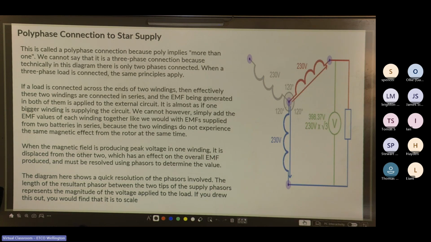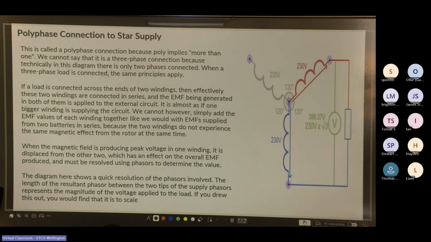We cannot, however, simply add the EMF values of each winding together like we would with EMF supplied from two batteries, because the two windings do not experience the same magnetic effect from the rotor at the same time. When the magnetic field produces peak voltage in one winding, it is displaced from the other two, which has an effect on the overall EMF produced and must be resolved using phasors to determine the value.